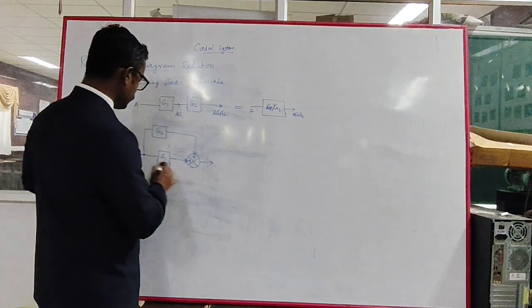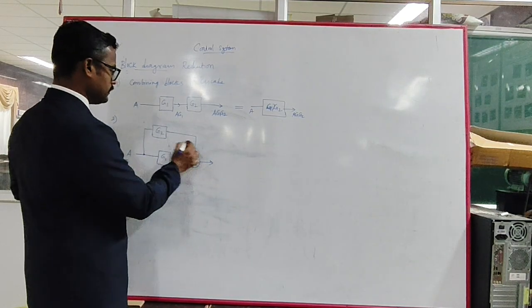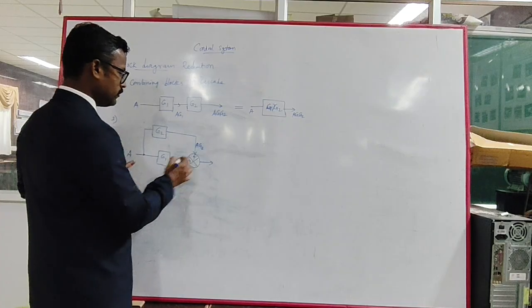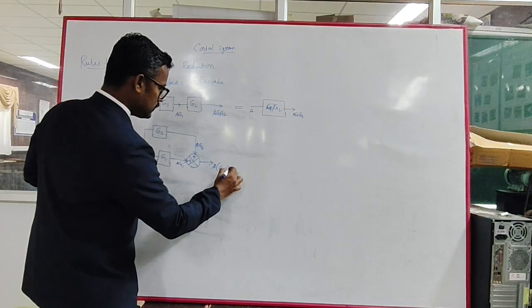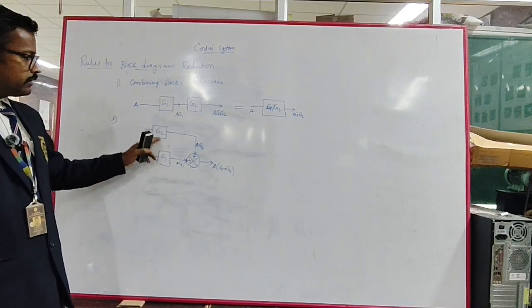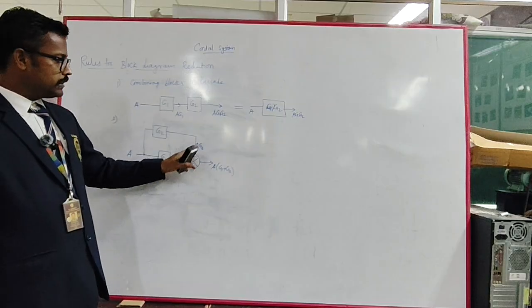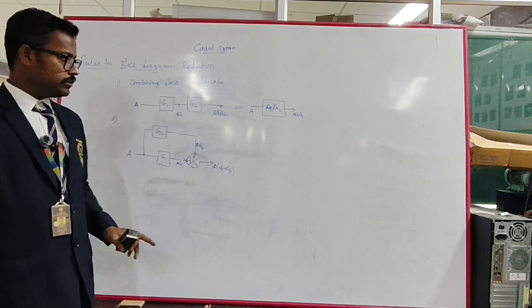So what is the resultant of this? Here you will get A into G1, and this is A into G2, and you will get A into G1 plus G2. Okay, so when they are in parallel, we get AG1 plus AG2, and if you take A outside commonly, A into G1 plus G2.